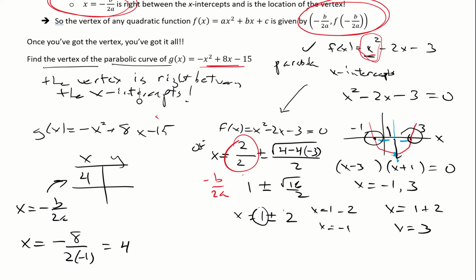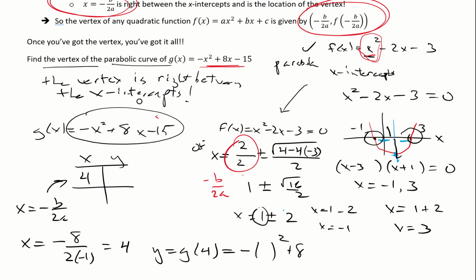Are we done? No, we're not done, because to find y is g of 4, and you just plug 4 in. So you get minus 4 squared plus 8 times 4, minus 15. We plug that in, and we are getting, what is that, minus 16 plus 32 minus 15, all told is 1.